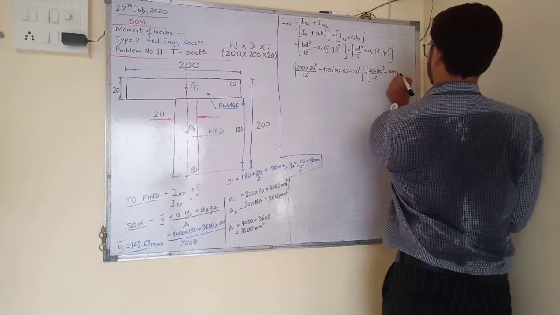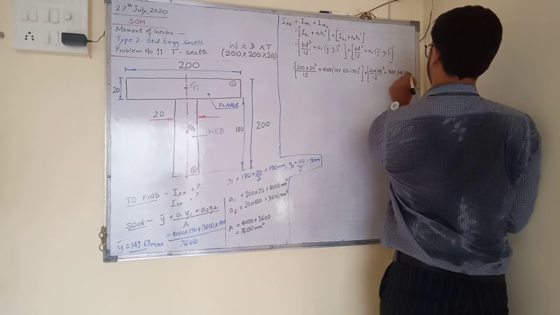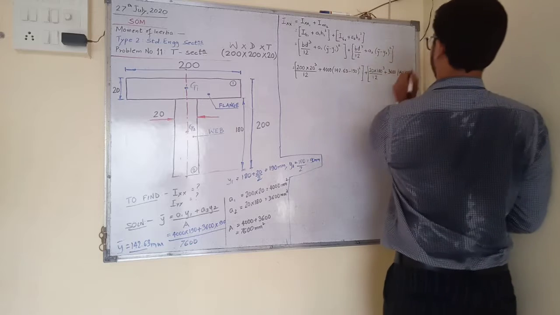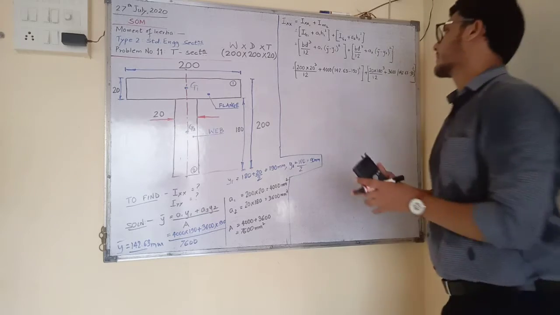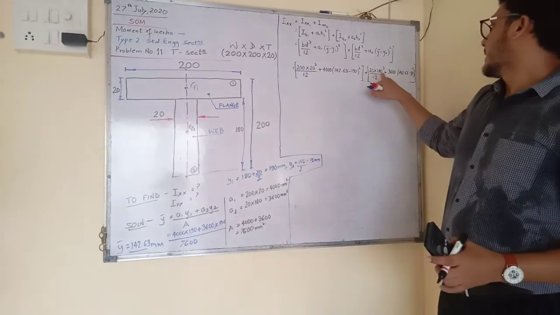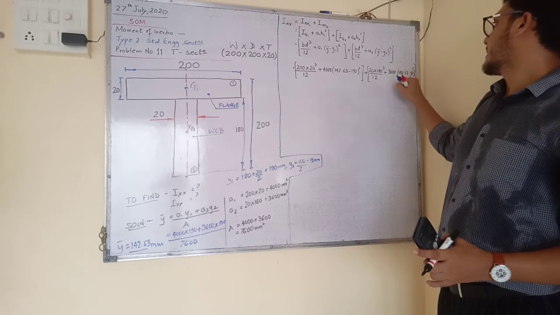Y bar minus y2, 142.63 minus y2 is how much? 90, square. This is the second bracket: 20 into 180 cube divided by 12 plus A2 is 3600 y bar minus y2.